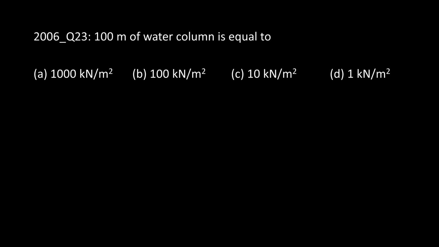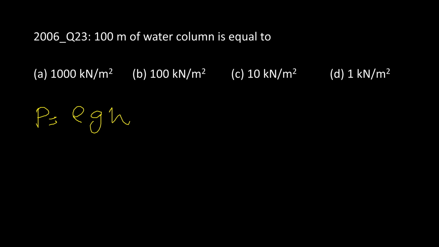Let's have a look at this question. 100 meter of water column is equal to. We need to convert water column into pressure. So pressure P is equal to rho g h, where rho is density of liquid, g is gravitational constant, h is column.